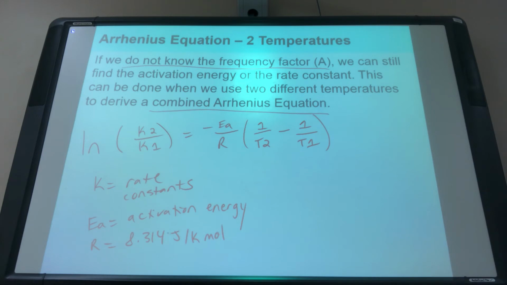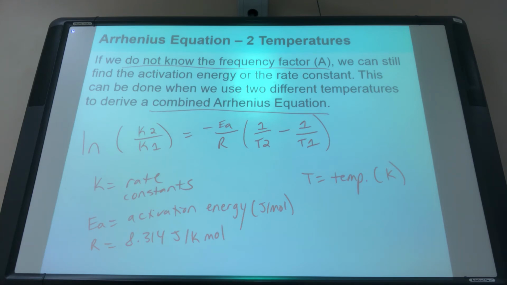Now, this is in joules per Kelvin mole, so your Kelvin is going to come with your temperature, and your activation energy is going to be in joules per mole, not kilojoules. So you may actually have to convert your activation energy before you can plug it in. And then T is your temp, and because R is in Kelvin, your T must be in Kelvin. Okay, so we need it all to match up.